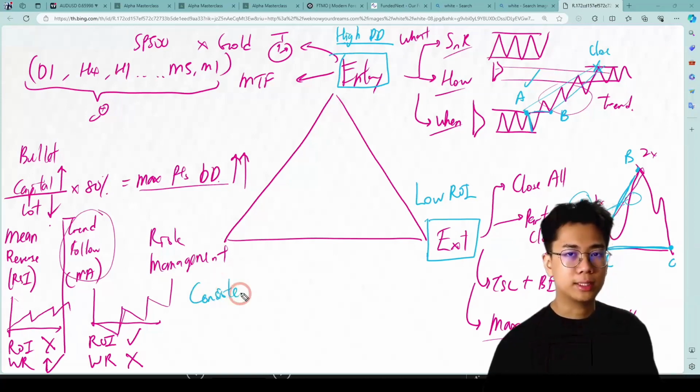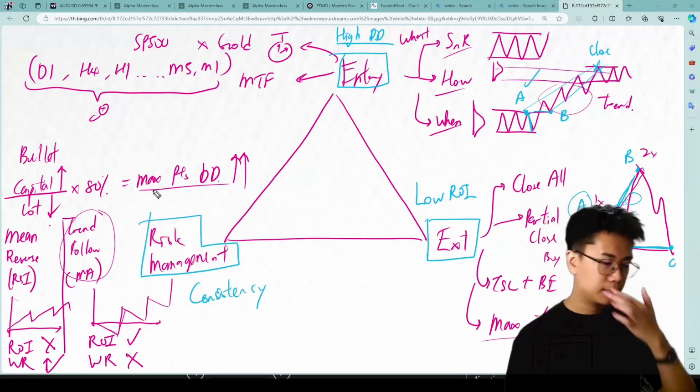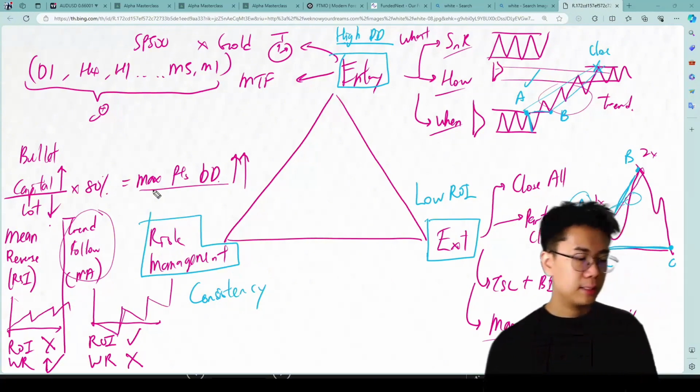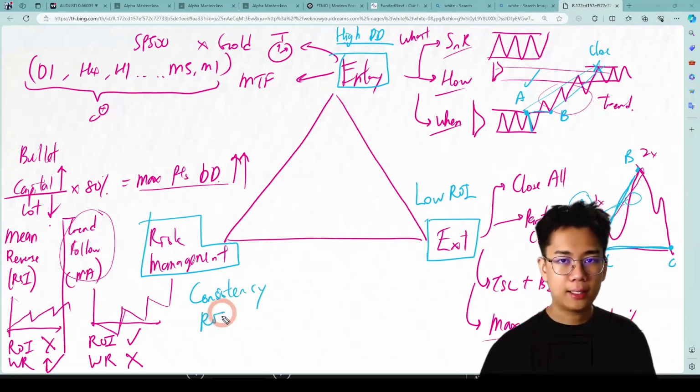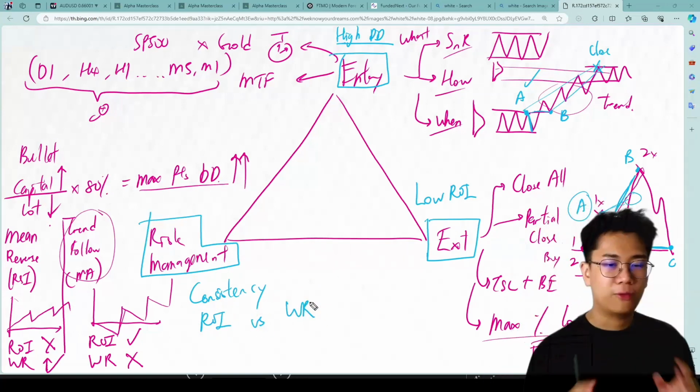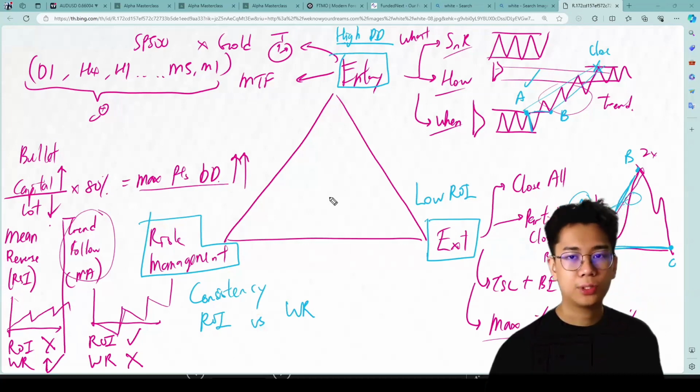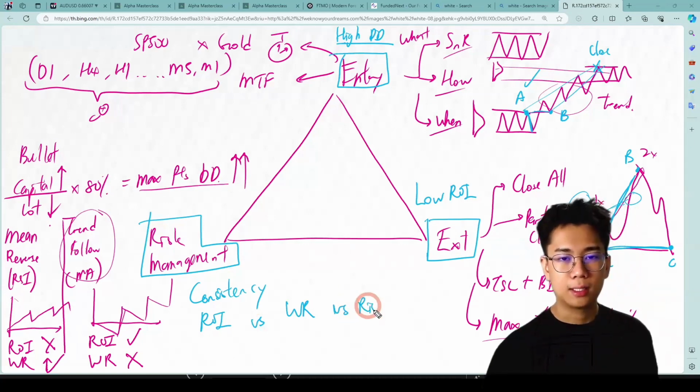your problem is all about consistency? It's all about risk management. You have to balance two things, your ROI versus your win rate. These always conflict with each other. Also, one more thing is your risk.